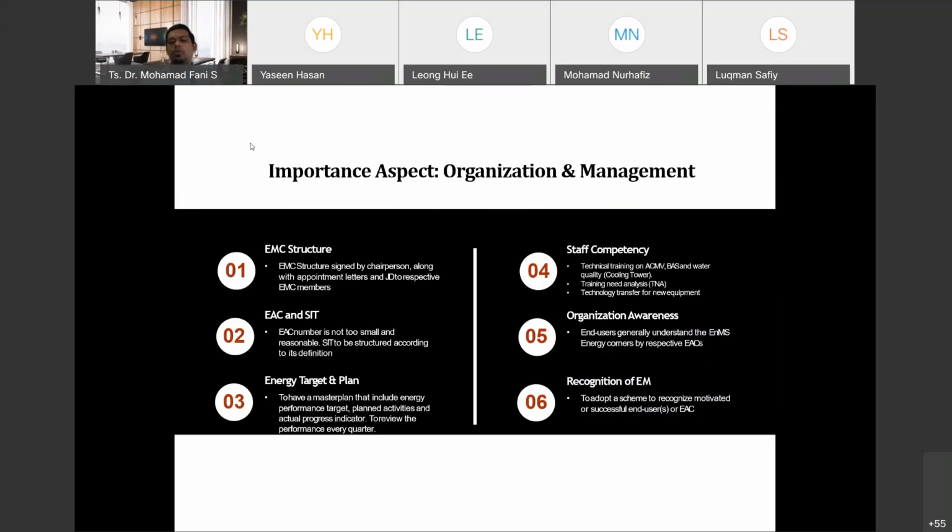Okay, so what else? There is detail on the organization and management assessment, for example the EMC structure, EAC and SIT, energy target and plan. All these things are assessed by the EMAS, the ASEAN Energy Management Scheme, to give us the rating, starting from 1 until 2, until 3.